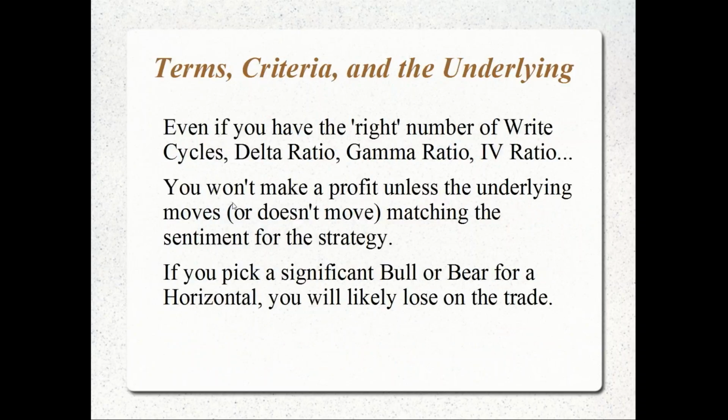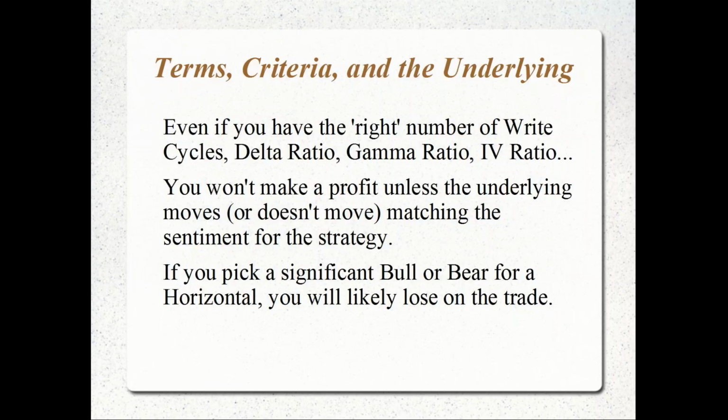All right? But terms, criteria, the underlying, it's all a lot of information. But even if we set up the right number of roll cycles, we have the delta ratio we want, even if you use gamma ratio, which is something I personally don't look at, and the IV ratio, let's be honest, whether you're doing horizontal or diagonals, you're not going to make a profit unless the underlying moves, or doesn't move, matching the sentiment for your strategy.